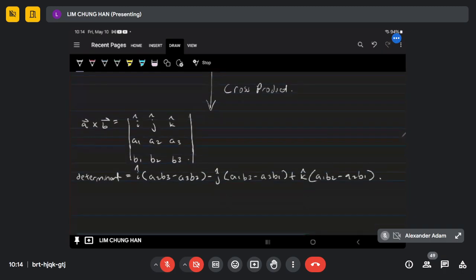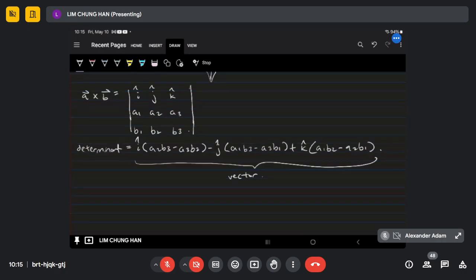So as you can see, you have I, J, K in this equation. So it is still a vector. The answer is still a vector. So that's how you do the process.